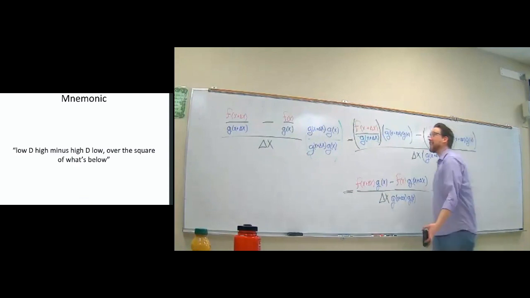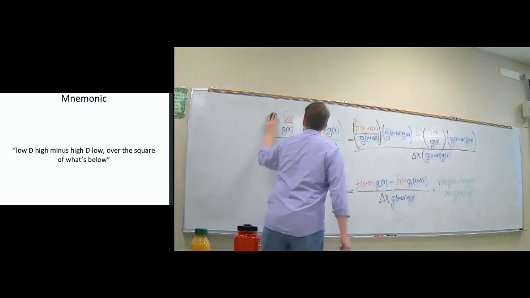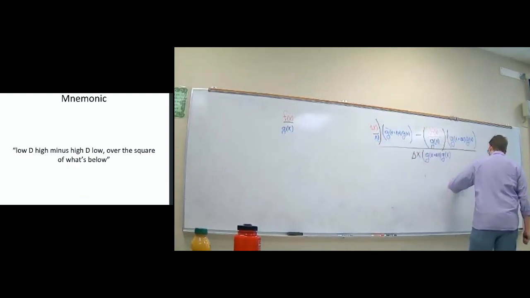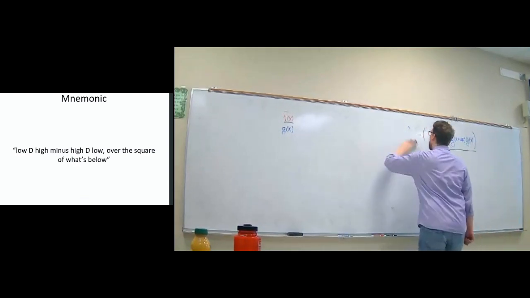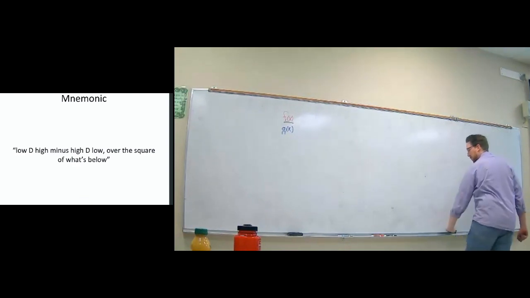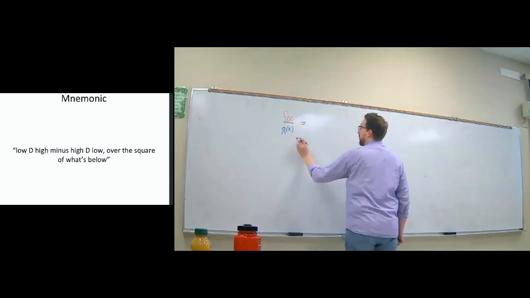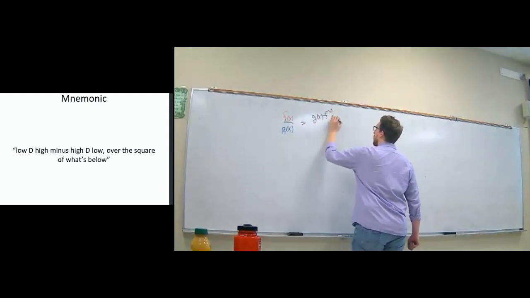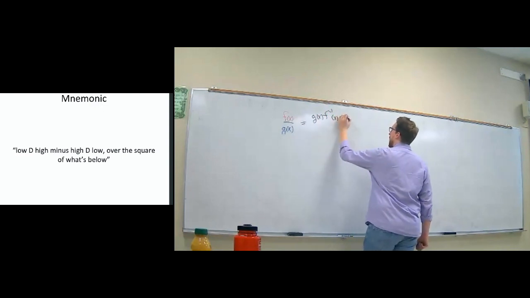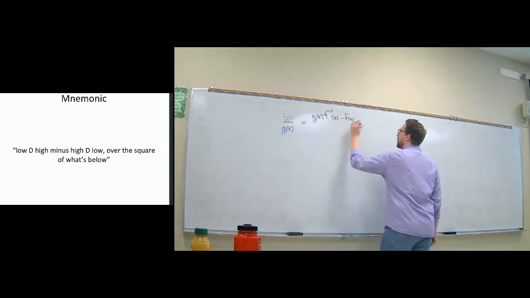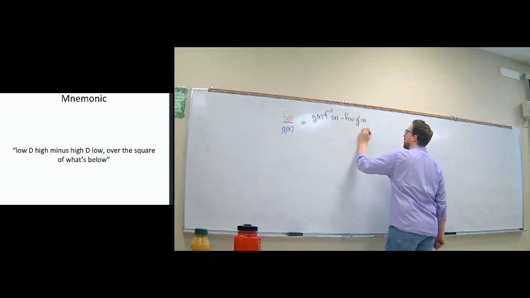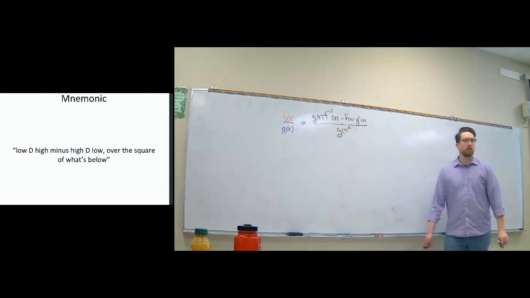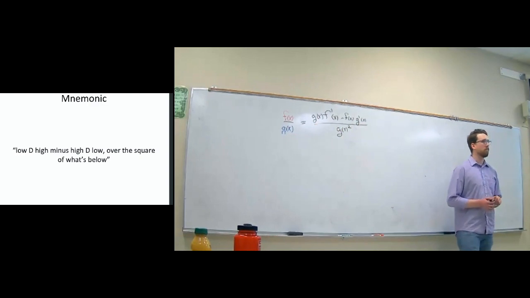In other words, looking at what you started with, we've got low, g of x, d high, f prime of x, minus high, f of x, d low, the derivative of g of x, so g prime, divided by the square of what's below, g of x squared. This is the quotient rule.